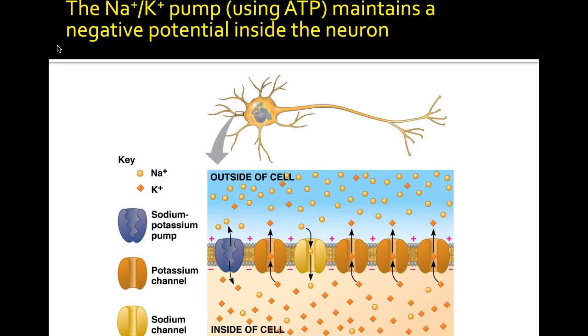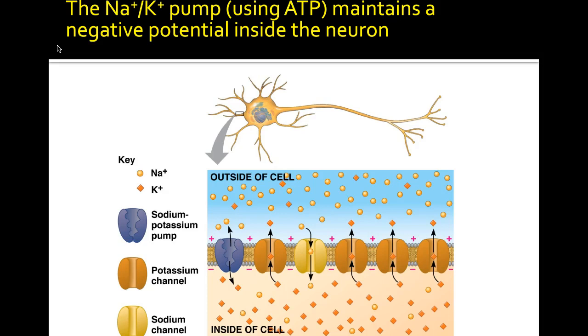Looking at the membrane of a neuron, there are several proteins which are responsible for maintaining a negative membrane potential inside the neuron. Looking at the diagram, you can see that there are several potassium channels.